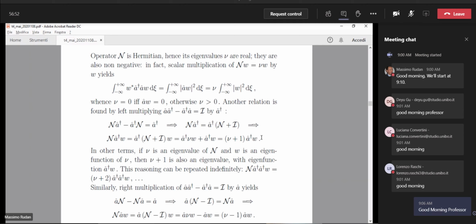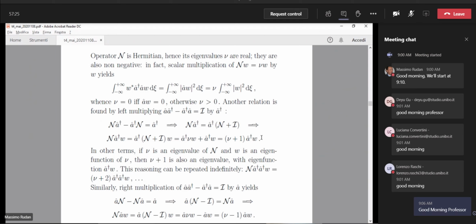So we have found an interesting formula that shows that if W is an eigenfunction of the number operator N corresponding to the eigenvalue Ni, then A dagger W is also an eigenfunction of the same operator N corresponding to the eigenvalue Ni plus 1.